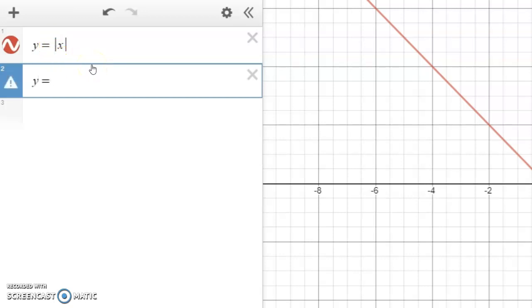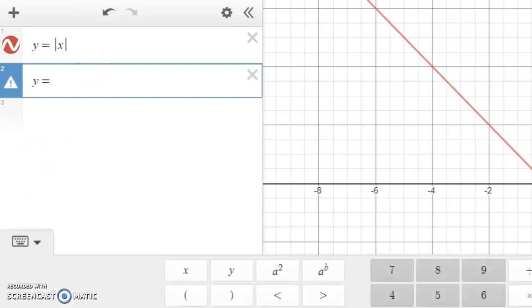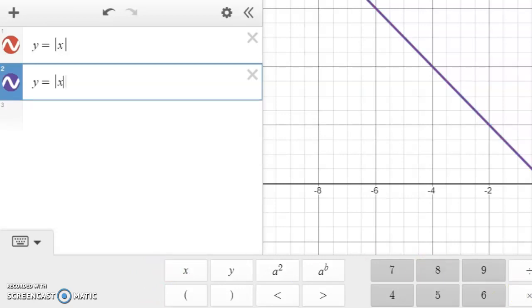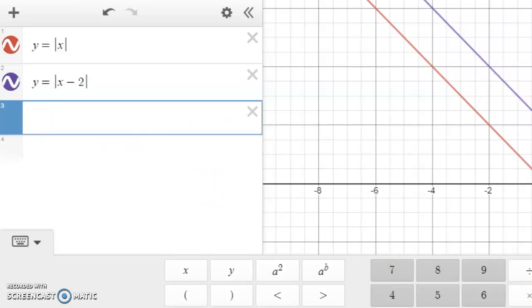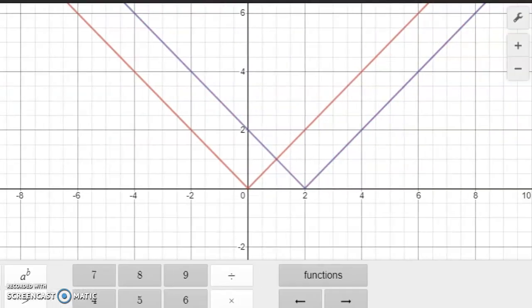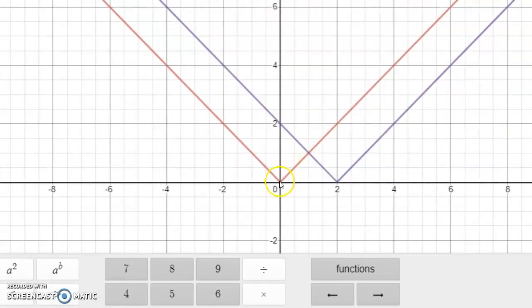Y equals absolute value of x minus 2. Okay. Notice that this makes it move. Well, you can't see it because the window's not over there. If you do absolute value of x minus 2 inside, it makes it move over to the right 2.